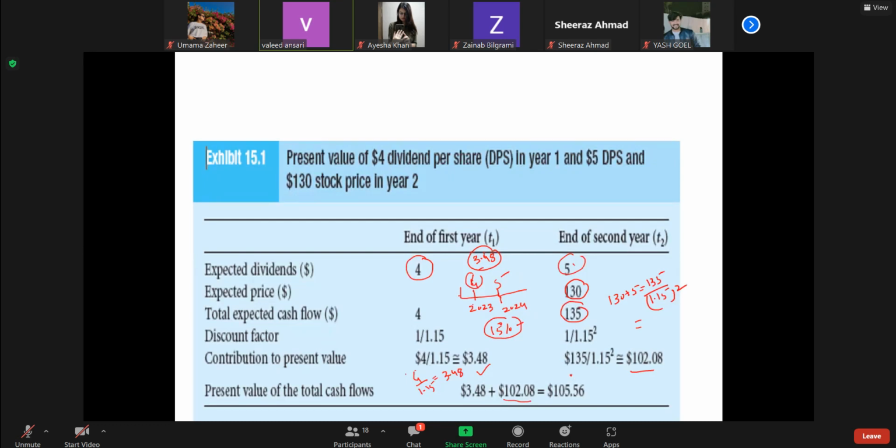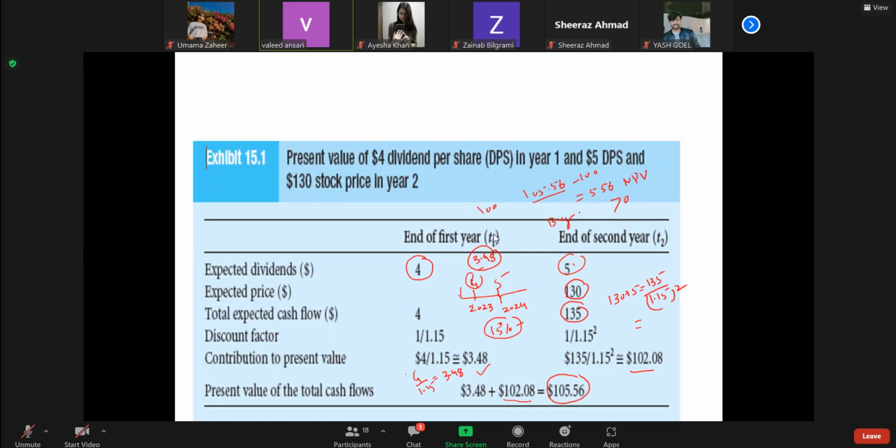So the value of this stock currently is 105.56. And if the stock is selling at 100 rupees, if you subtract, it will be positive 5.56. NPV is positive. So we should buy the stock because the present value of the flows is higher than the cash outflow.